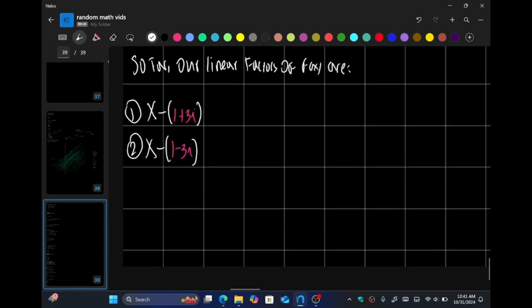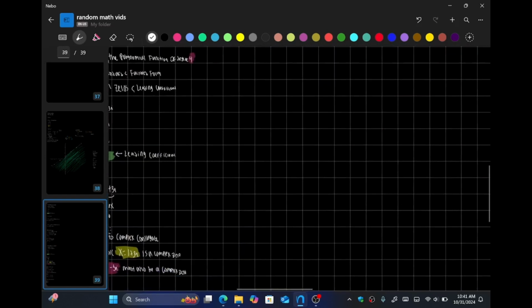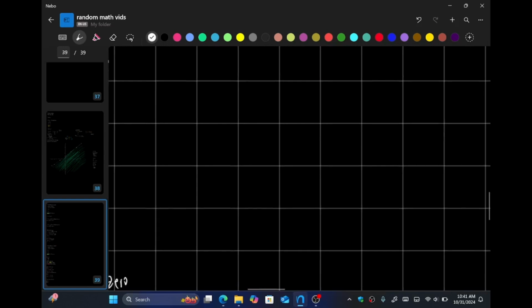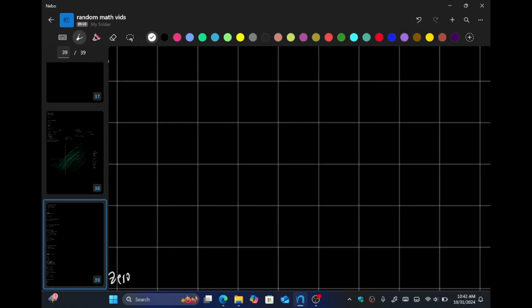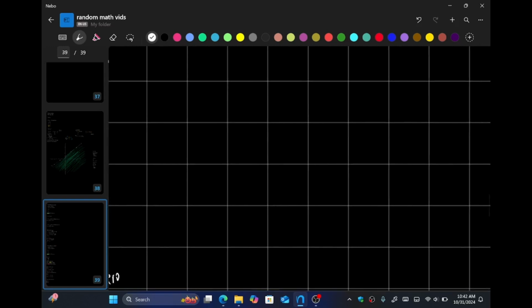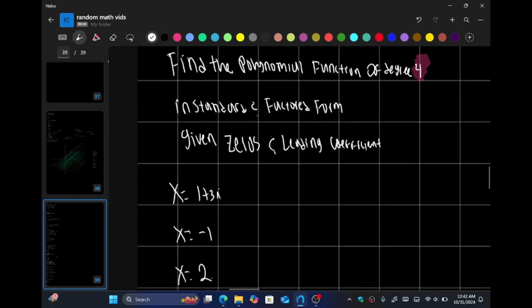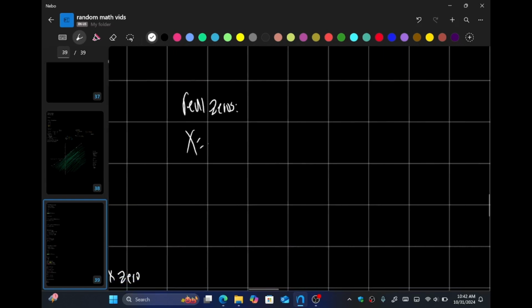And now we're going to state our other factors. I don't know if I stated them in the previous video. I don't think I did, since that was just pure definition. So our real zeros are x equals -1 and x equals 2.